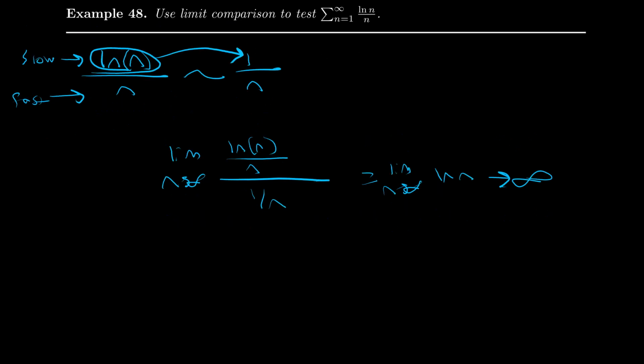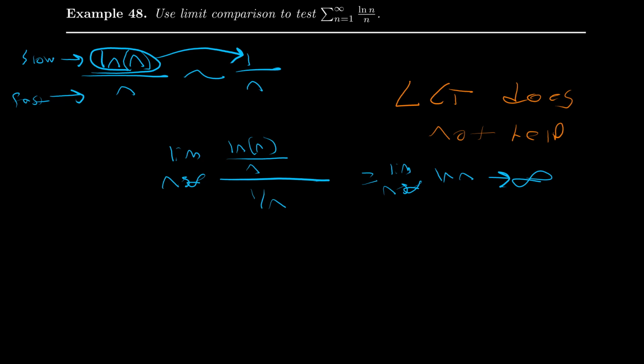No, we got infinity. So the LCT here does not help. Okay? And that's all that we can say. It doesn't give us a finite positive number. So we cannot say anything about this.